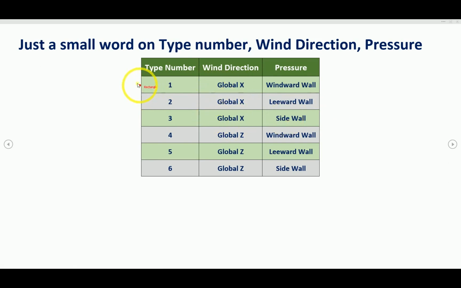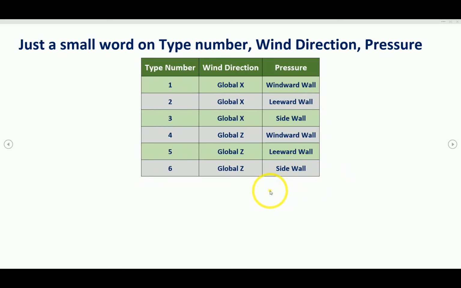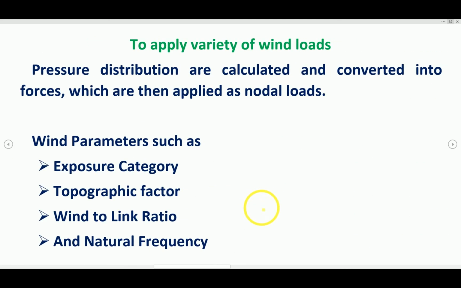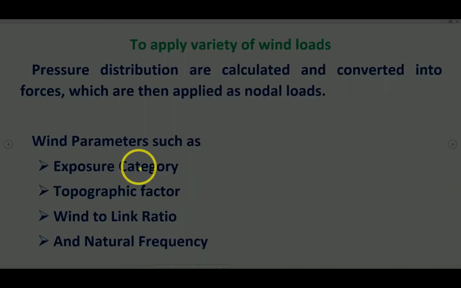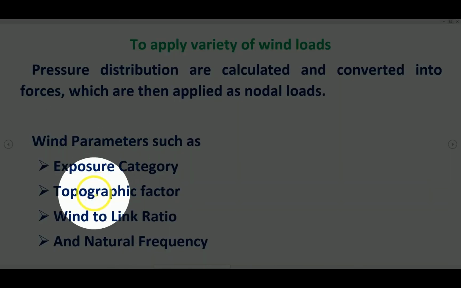One is windward, another is leeward, and two side walls. As I previously mentioned, the wind parameters, these will be applied to each direction of wind which is being considered. So thus certain prior planning is desired to apply the loads.